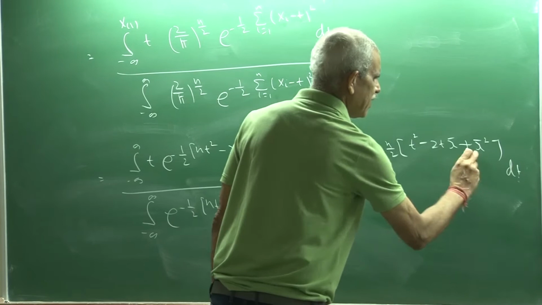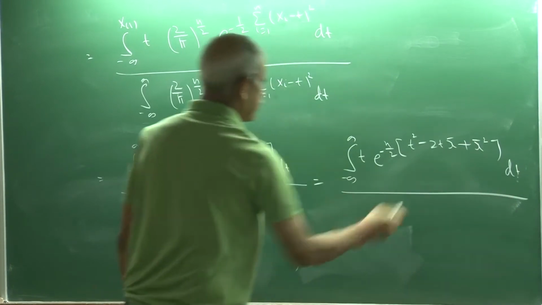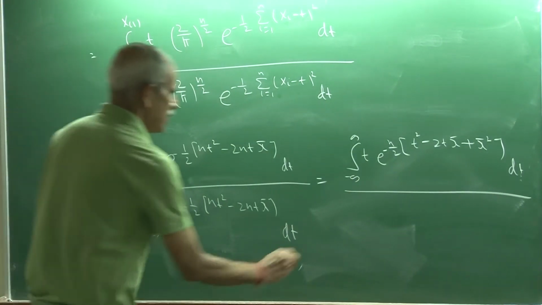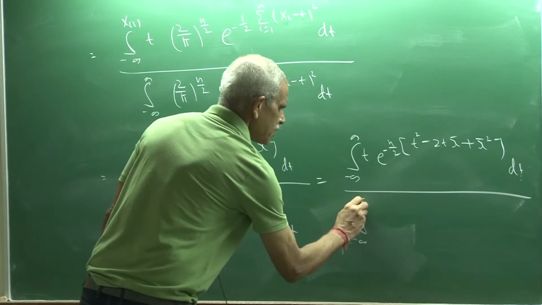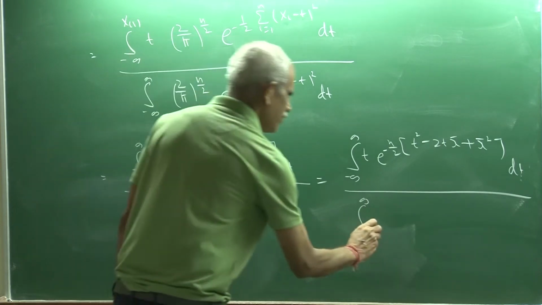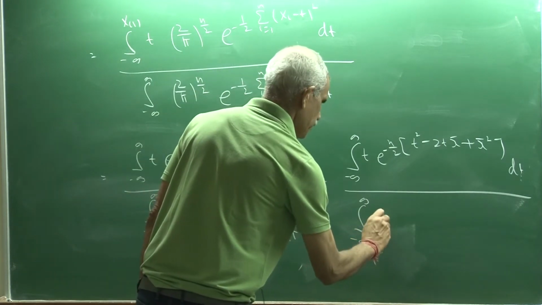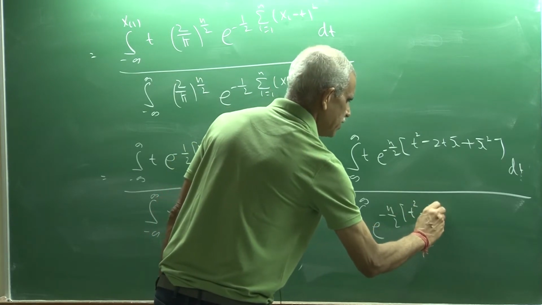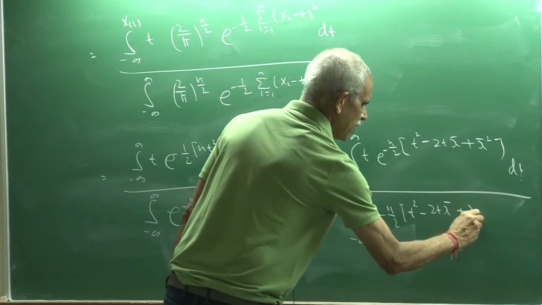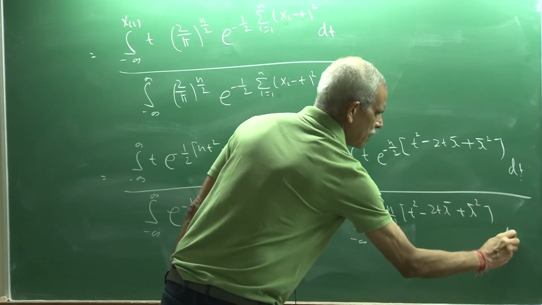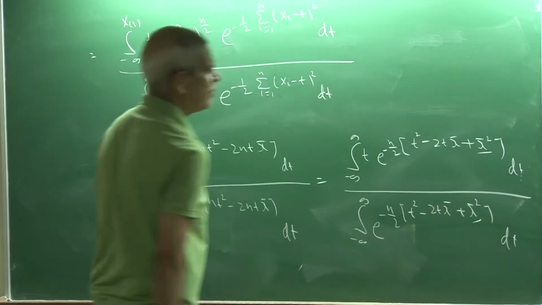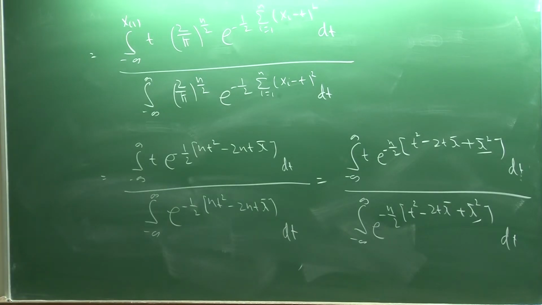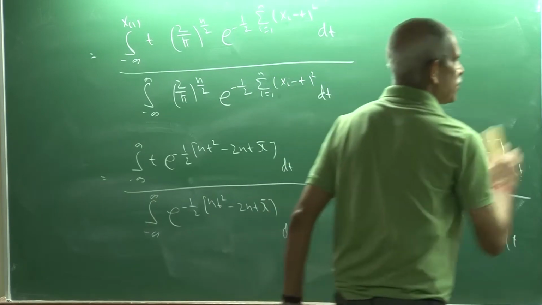I can do the same thing in the denominator so that the effect nullifies. So this is same as e to power minus half, minus n by 2 times t square minus twice t x bar plus x bar square. This is to make a perfect square because they will get cancelled out from numerator and denominator, as they do not depend on t. Okay, so far so good.